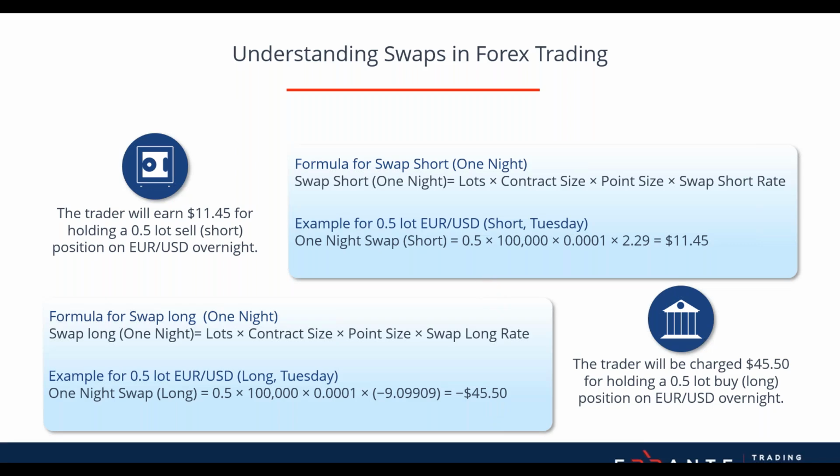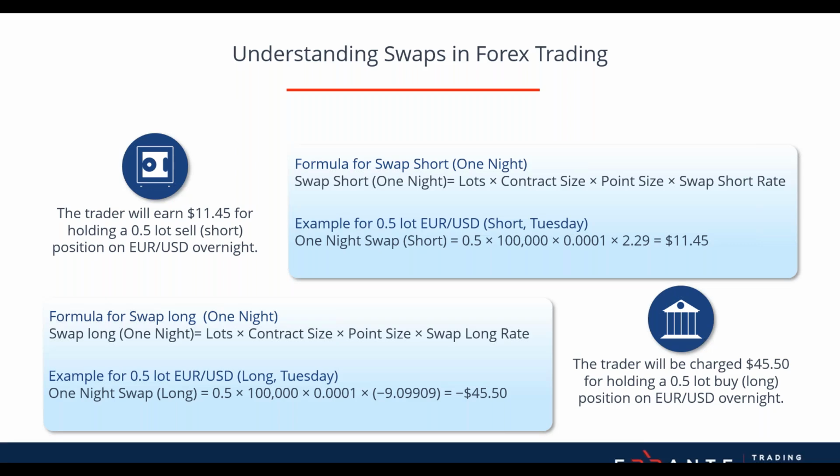So the key takeaway is this: understanding how to calculate swaps allows you to anticipate the cost or gains associated with holding a position overnight. This is essential for long-term strategic planning and effective risk management. Knowing these numbers in advance helps you decide whether to hold a position or close it before the trading day ends.